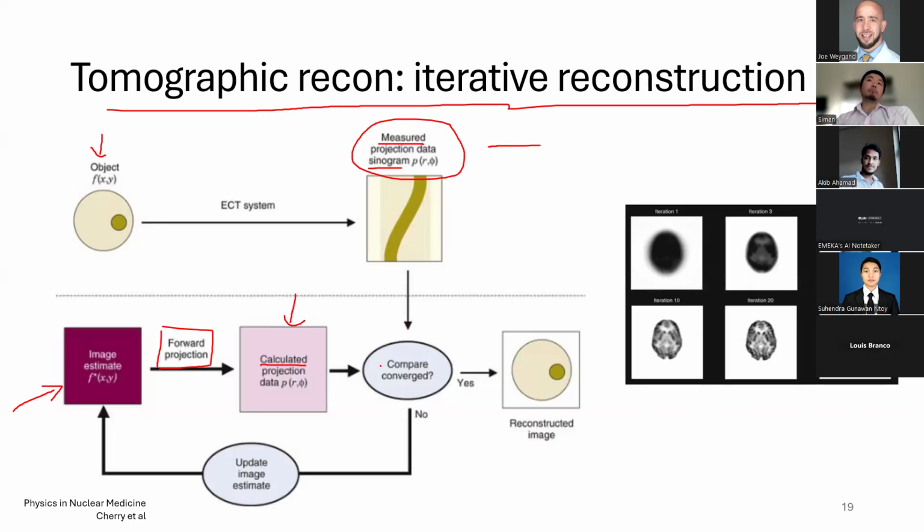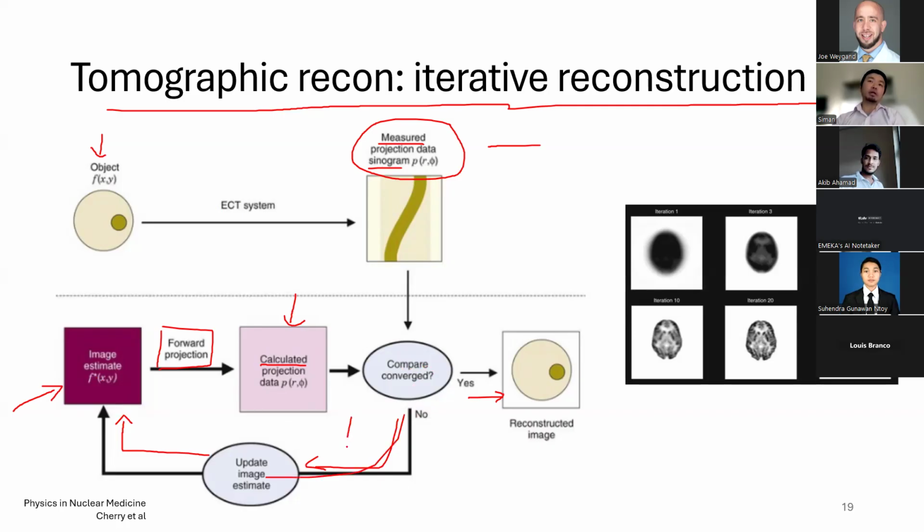And you can compare these two. Once you compare, you get the feedback, right? Are they similar? If the answer is yes, then your image is reconstructed. And if the answer is no, then you update the image, you update your starting image, right? And this is called one iteration.